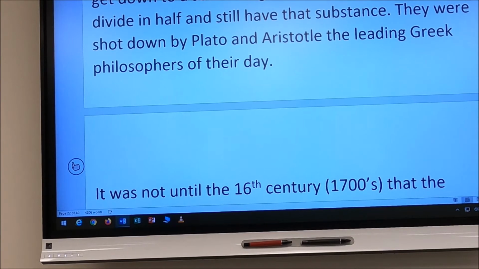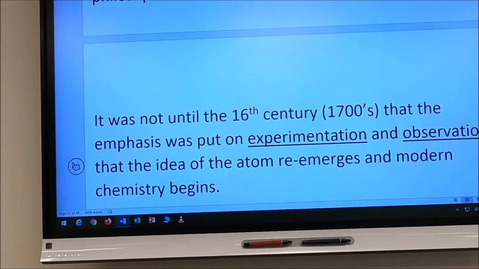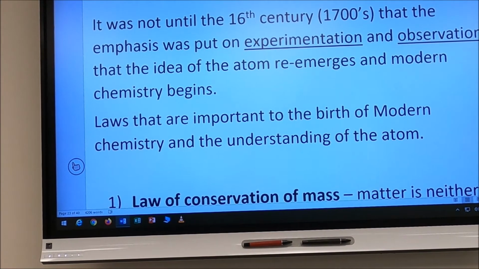Okay? So in the 1700s, we started to see an emphasis being put on experimentation and observation. Now, if we think about experimentation and observation, this is a big difference from the Greek approach. Aristotle and Plato thought that everything came from the mind of man.